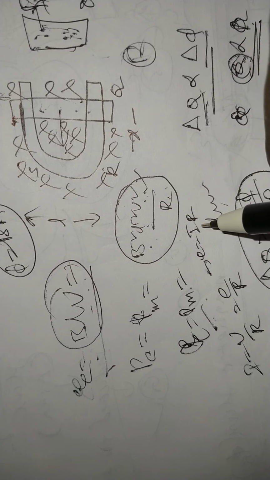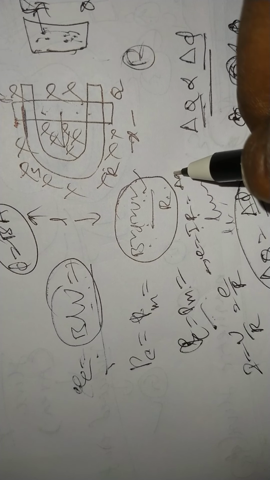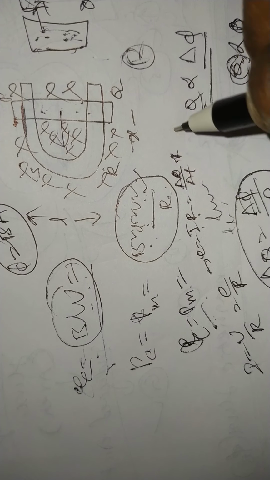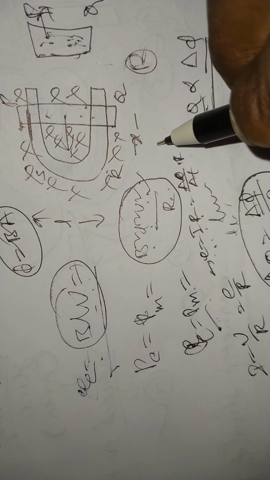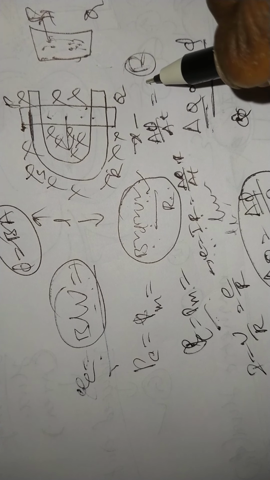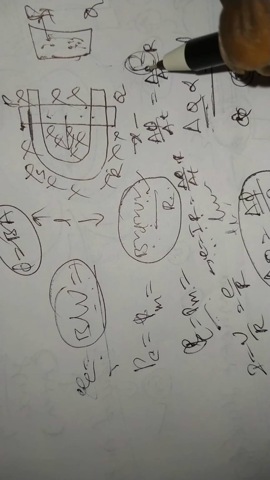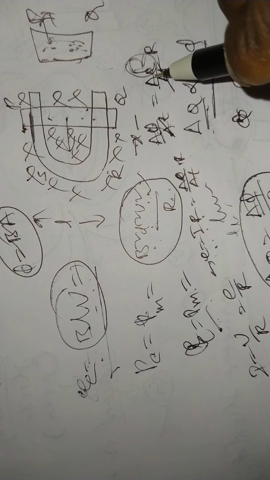I is equal to rate of change of charge with time, that is dQ by dT into R. From this equation, d phi by dT is dQ by dT into R. dT cancels, that means d phi is equal to dQ into R.